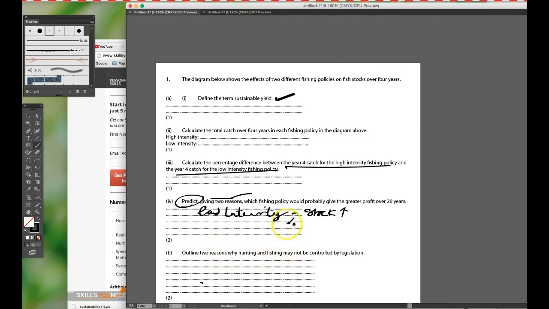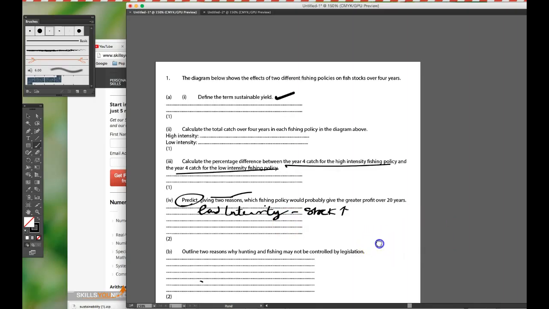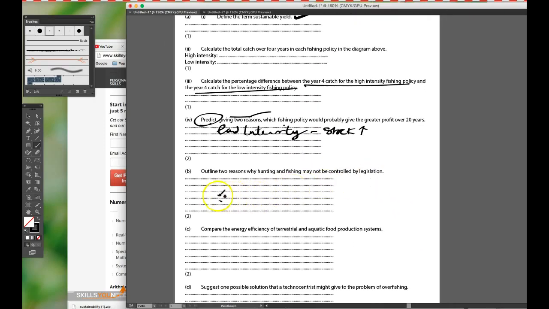Outline 2 reasons why hunting and fishing may not be controlled by legislation. So here we've got, it's difficult to monitor, monitoring is very hard. It's hard to define, like you need to have international agreement. So although one area may be protected, another area may not be.